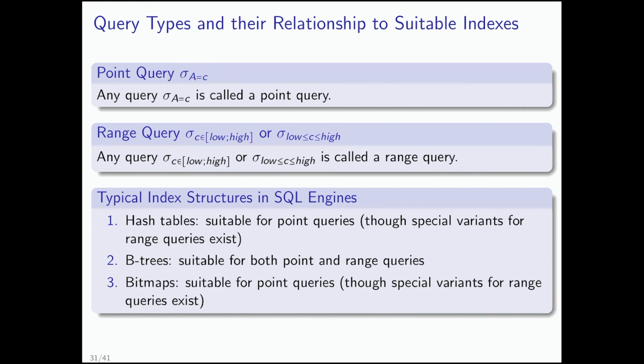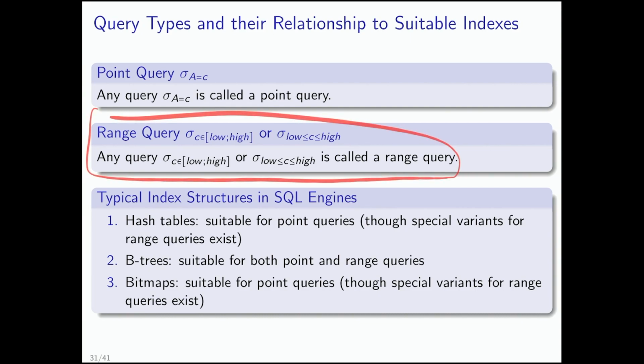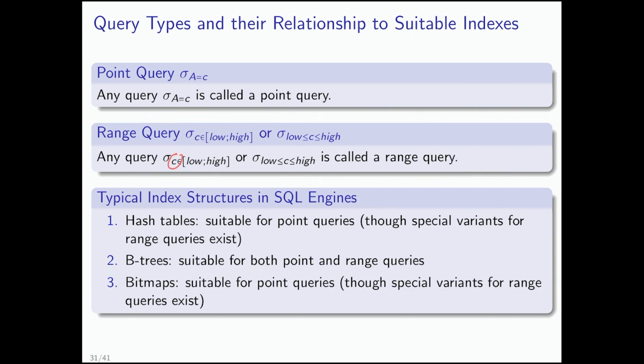A range query is something like that, and basically you have a condition like, okay, my constant is contained in some interval, from low to high including, or you write it like that, C is greater equal low and smaller equal high. That's the same thing. That's called a range query. You're interested in a range of values.